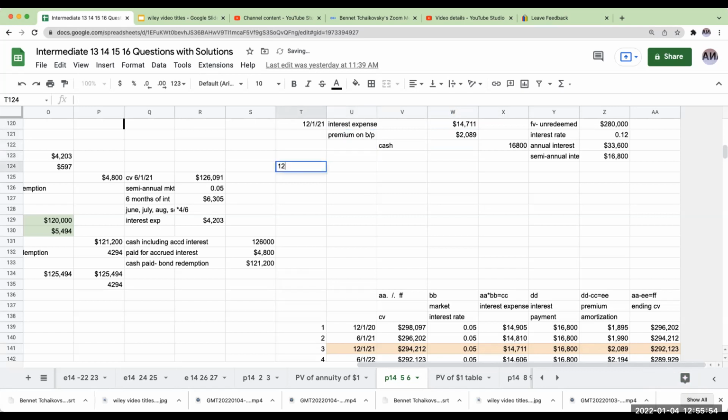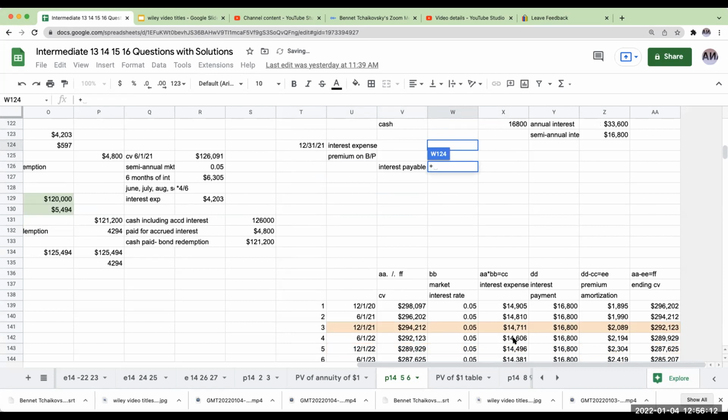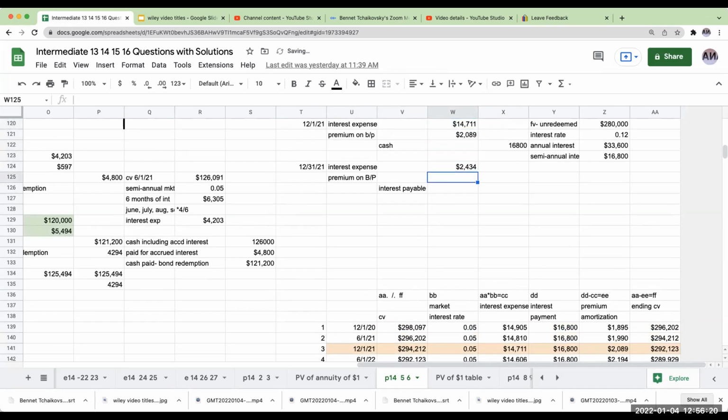Then on 12/31/21, what I'm going to have to do is record interest expense, premium on bond payable, and interest payable. This is going to be on, I'm going to go to 6/1/22. My interest expense is going to be times 1/6 because it's just for the month of December, the time between when I last paid.